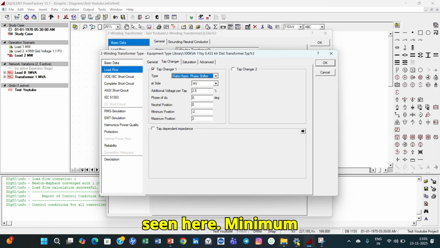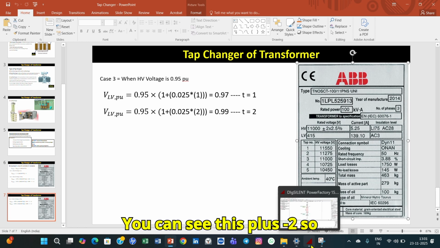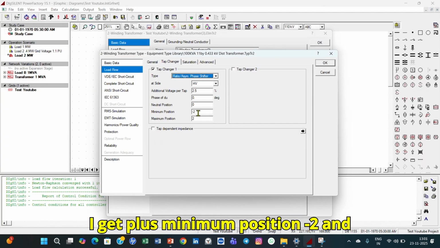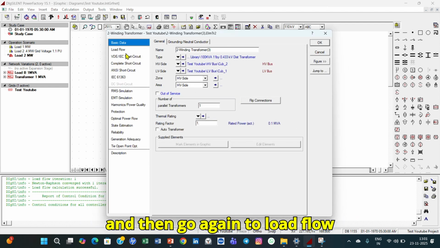You have seen here the minimum position. I will show you, you can see it is ±2, so the minimum position is -2 and the maximum position is +2, and click OK, and then go again to load flow.